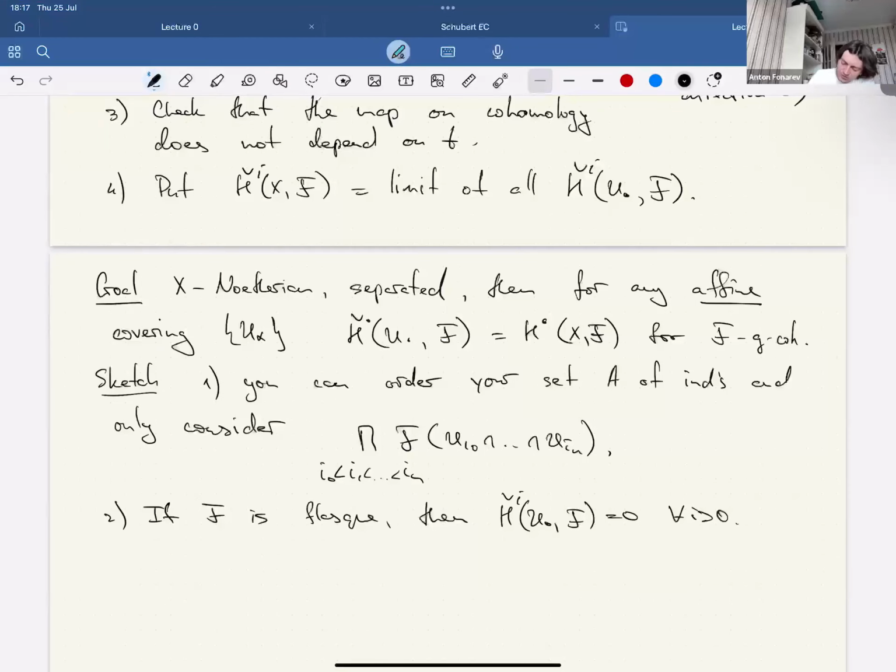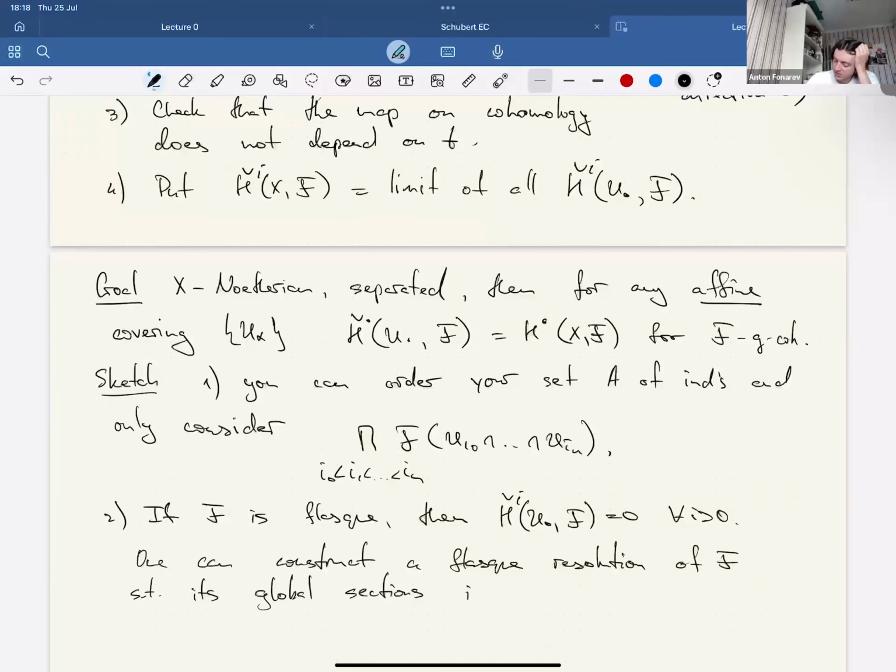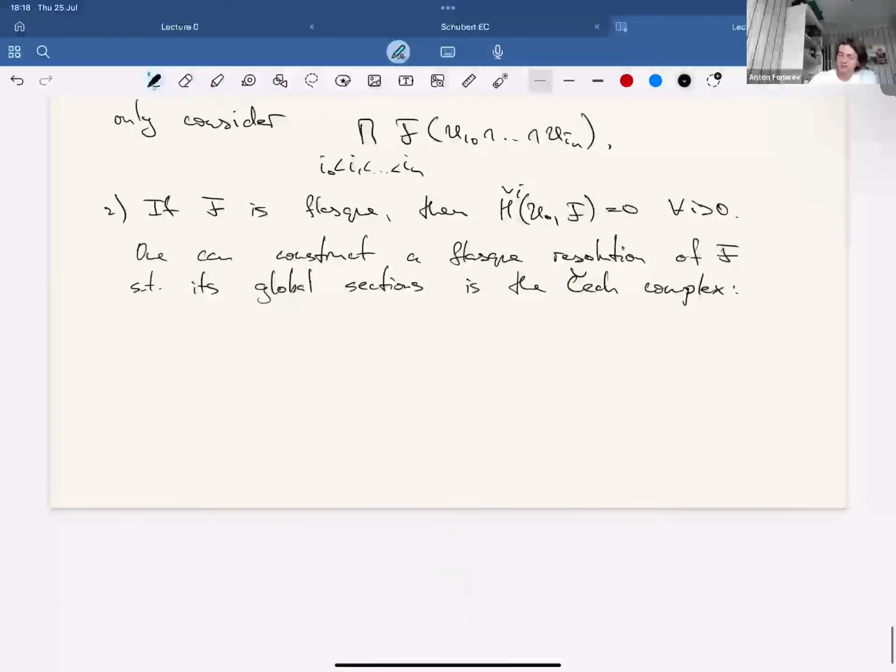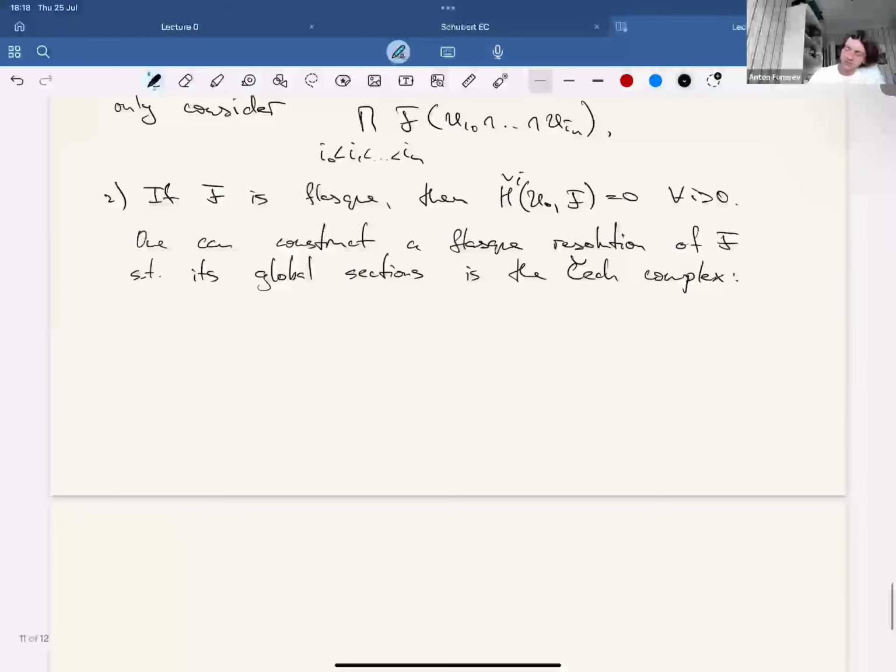Well, it turns out that one can construct a flask resolution of F such that its global sections is the Čech complex.